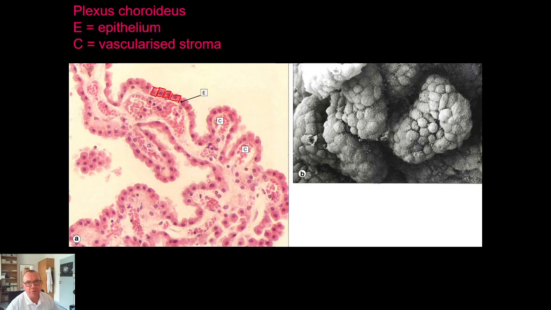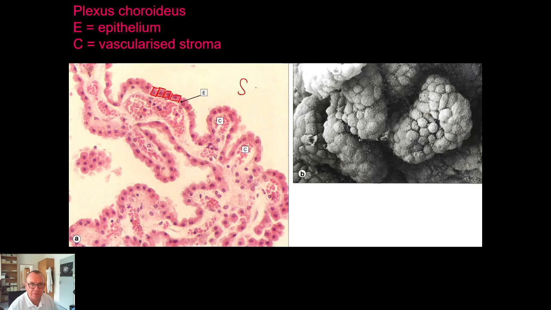Cuboidal cells of the choroid plexus are equipped with microvilli and also by kinocilia. Kinocilia can help move the cerebrospinal fluid, and microvilli are important for the contact of cerebrospinal fluid, which is in the ventricle.